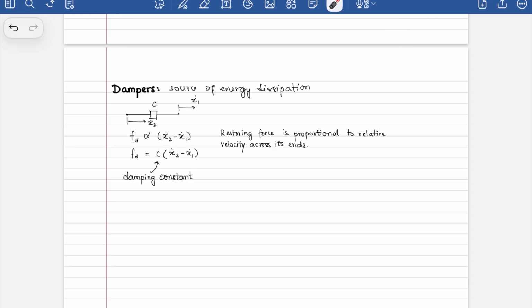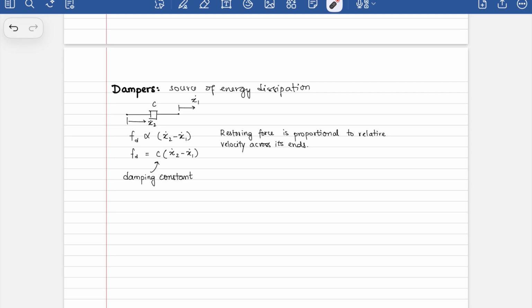And as you can see, the force that is there is going to be proportional to the relative velocity across the ends, which means if this end was fixed and this was moving to the right by x1 dot, then that force would be just Fd is equal to c times x1 dot. It does not care for what is the relative displacement. It only cares for what is the relative velocity.